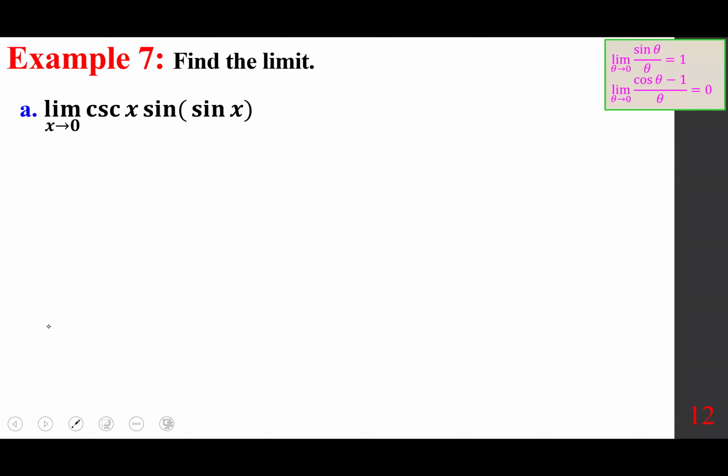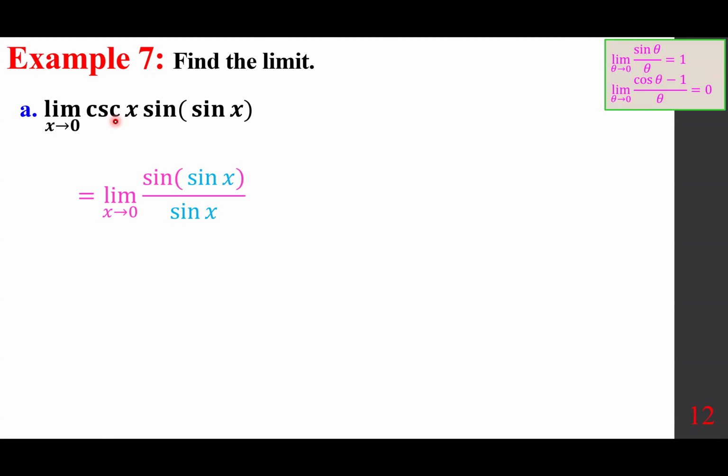We want to find the limit of cosecant x times sine of sine x as x approaches 0. There are different approaches. One of the things that we did when we started was look at those limits. The limit of sine theta over theta as theta approaches 0 is 1. And the limit of cosine theta minus 1 over theta as theta approaches 0 is 0. And we know that we can replace the cosecant with 1 over sine.